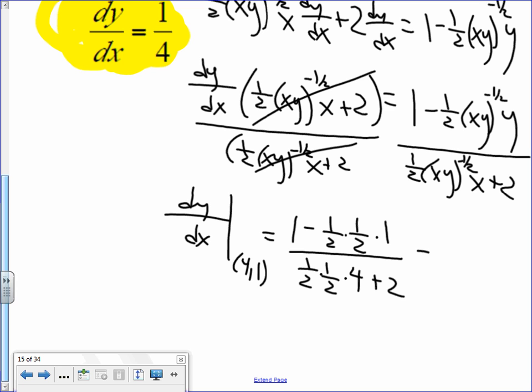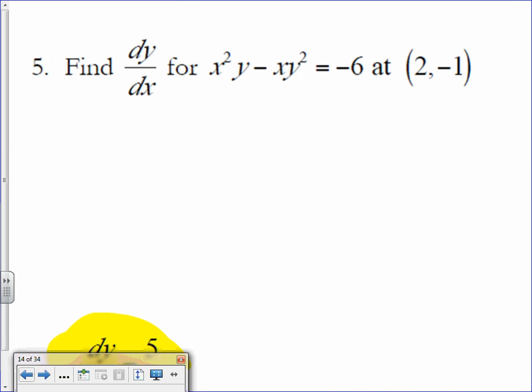So we get 1 minus 1/4 is 3/4, over 1 plus 2 is 3, which equals 1/4. And that is it. And going back.